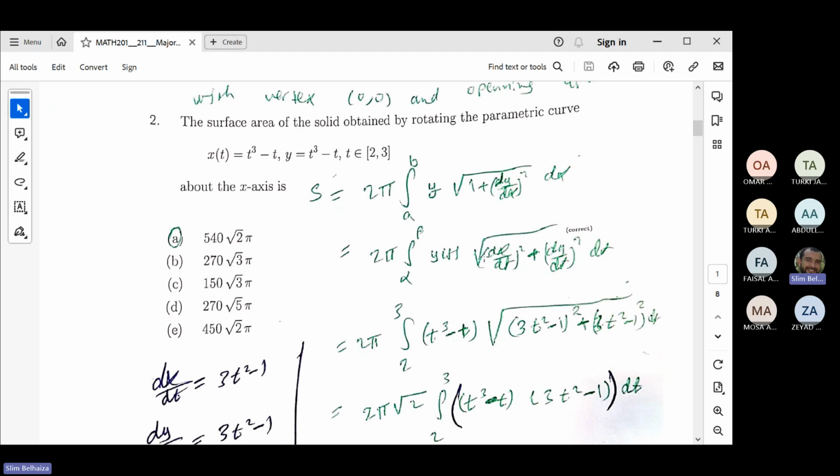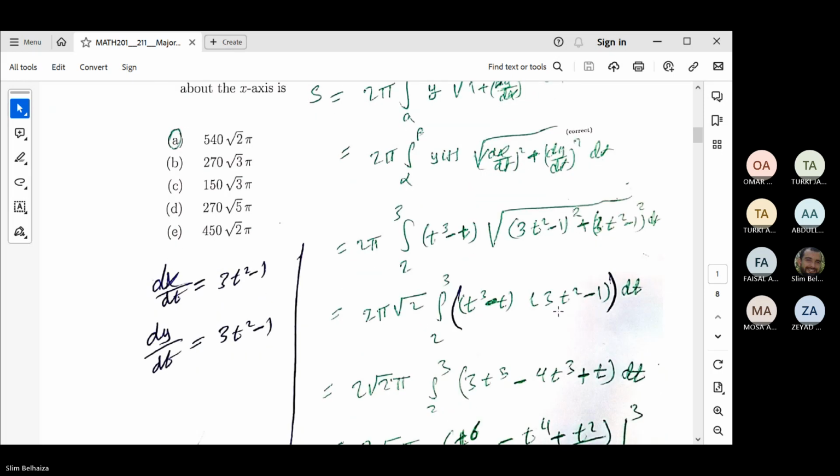If you plug in y of t, which is t cubed minus t, and perform the derivatives, the derivative of t cubed minus t is 3t squared minus 1. Same thing here, 3t squared minus 1. And if you expand what is inside the square root, we'll have 9t^4 minus 6t squared plus 1.